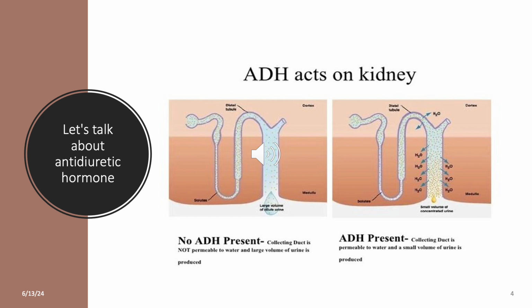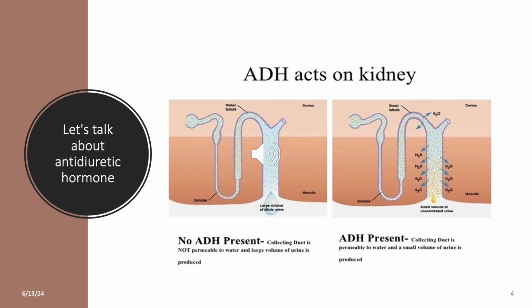The antidiuretic hormone controls water retention by the kidneys. When there's a lack of ADH, the collecting ducts in the kidneys are less permeable to water, and large volumes of urine are produced. So if the kidneys can't collect it, it has to go somewhere, and so you see it going out in the form of urine.